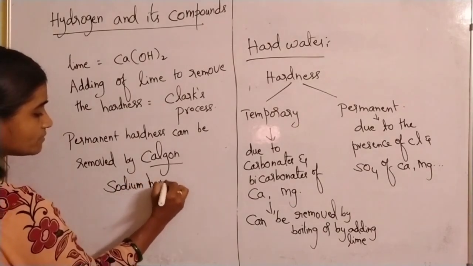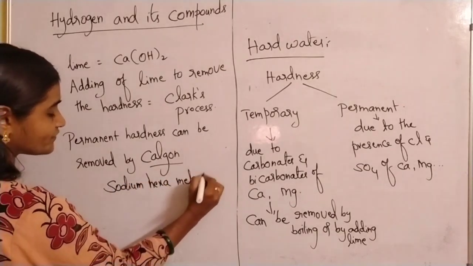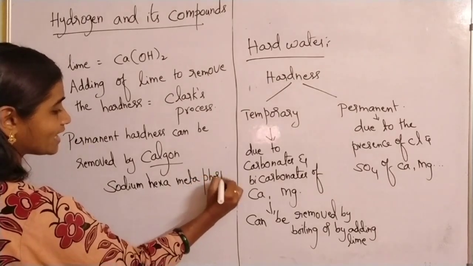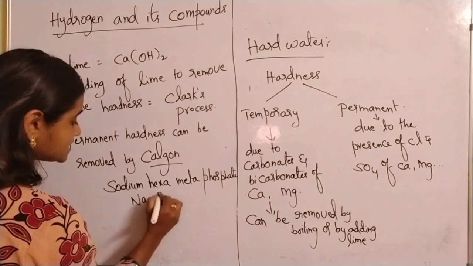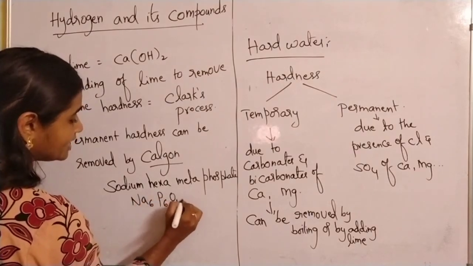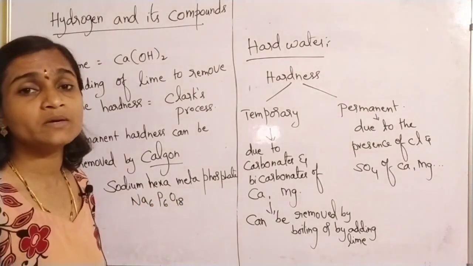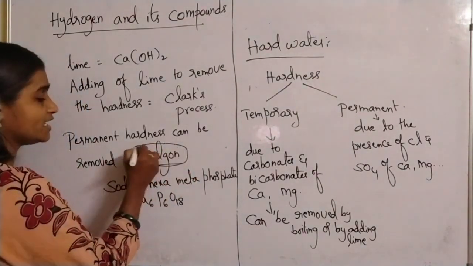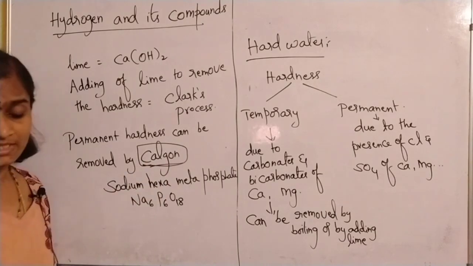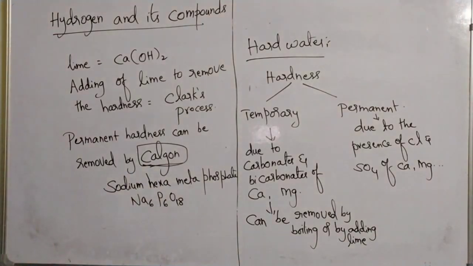Sodium hexametaphosphate is called what? Calgon. Na6P6O18 is sodium hexametaphosphate, and this substance you call calgon, and that's why this process of removing permanent hardness is called what?